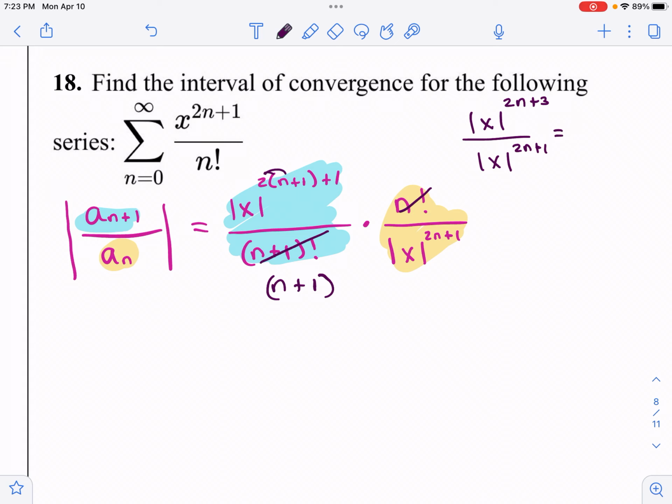If you subtract exponents, you should be left with an x squared, okay? So that will be left on the top. All right, so I'm left with absolute value of x squared divided by n plus 1.